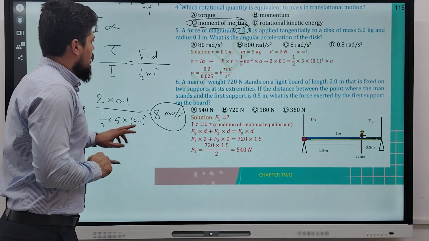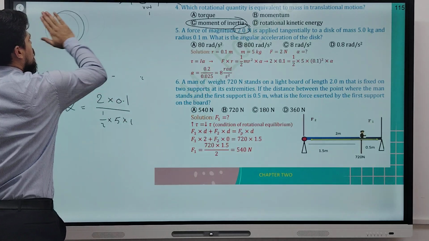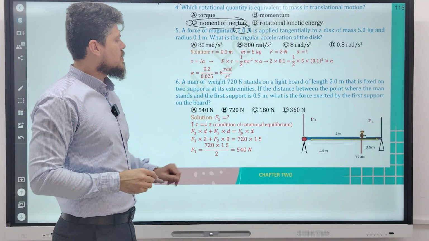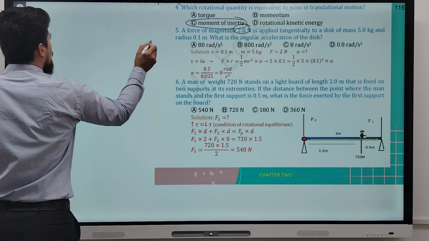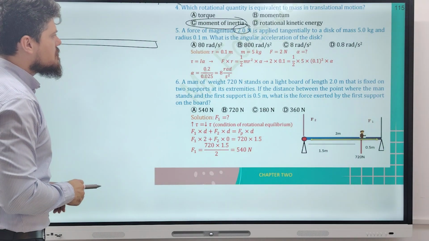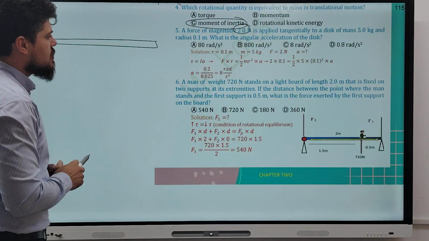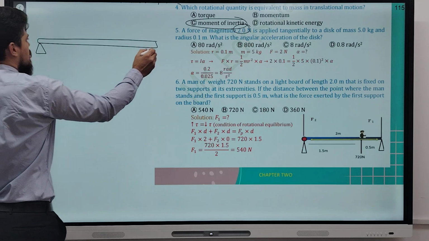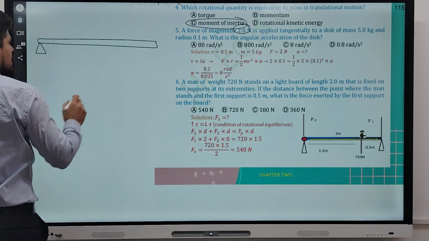So, question number 6. A man of weight 720 Newton stands on a light board of length 2 meter. This is the length of the board, 2 meter, that is fixed on two supporters at its extremities, okay? Supported by 2 pillars at each end.